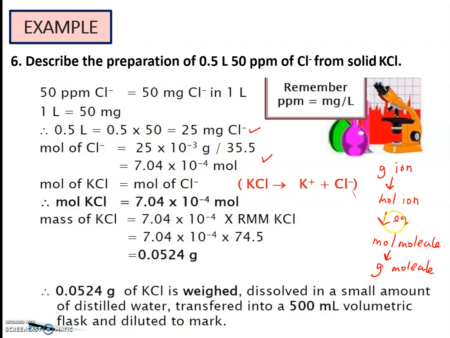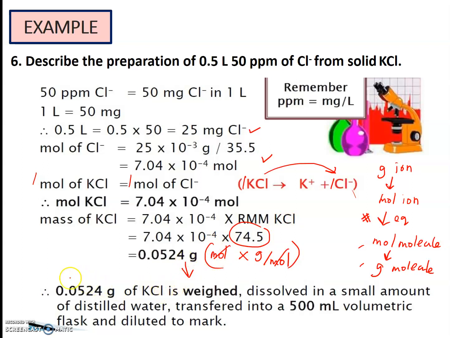Then from the equation, 1 mole KCl equals 1 mole chlorine, so same number of moles, same number of molecules of potassium chloride. And then find the mass, from mole of molecule times molar mass of molecule, here potassium plus chlorine. So you will get the gram of potassium chloride we will weigh.